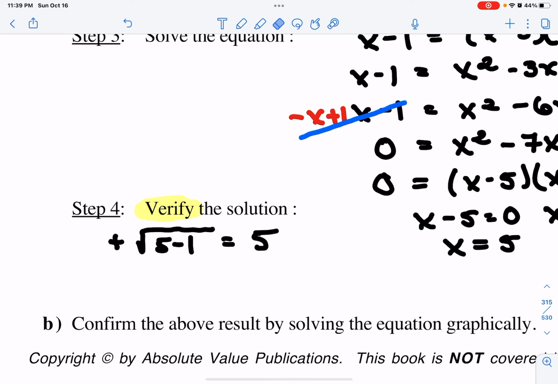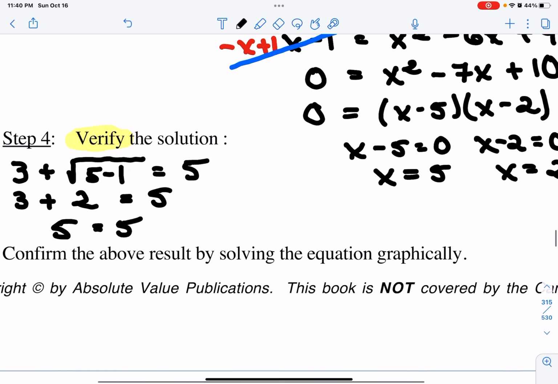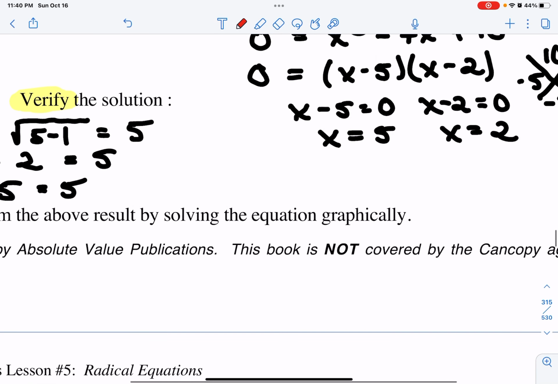Well, 3 plus the square root of 5 minus 1, square root of 4, that's 2, is equal to 5. Yes, 5 does equal 5. We're all set. So we've confirmed that our x equals 5 is a solution that works.